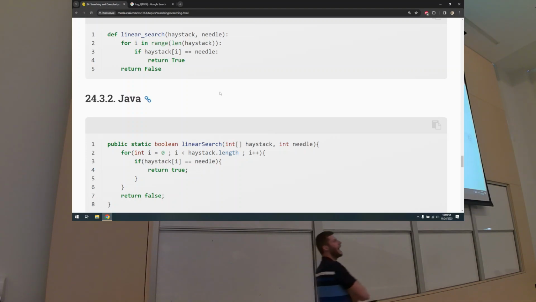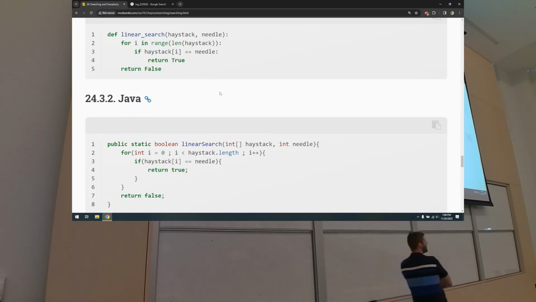If you end this course and I say, explain to me a linear search, and you can do it in Python syntax, you don't know a linear search in Python. You know what a linear search is. And then if you need to implement a linear search in another language, it's just an exercise of figuring out the syntax of that other language.